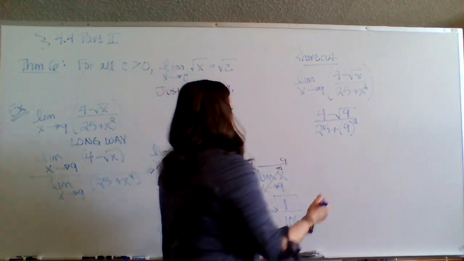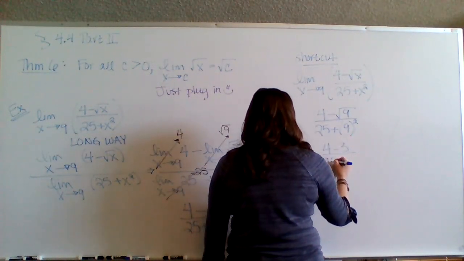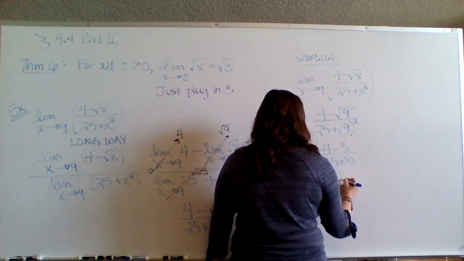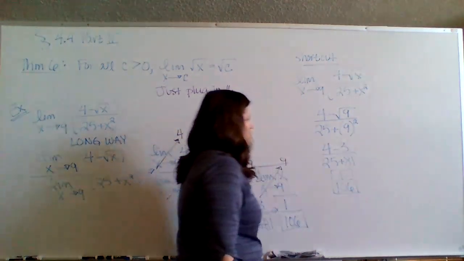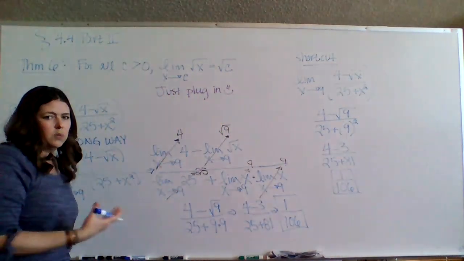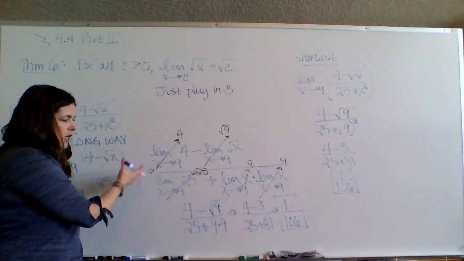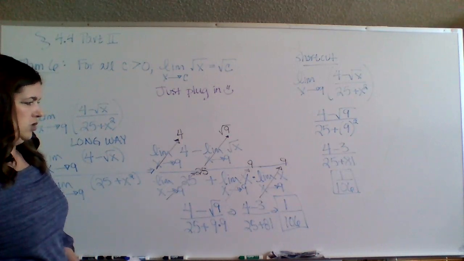That will screw you up. So this would be 4 minus 3, because I still have that perfect square, over 25 plus 81. And don't I get the exact same answer I had before, which is 1 over 106, but in a much shorter way when you don't have to break it up the long way. So of course we don't want you to have to do this. That was for a couple of problems that hopefully you did on last night's homework. And this is just one extra chance to see it.